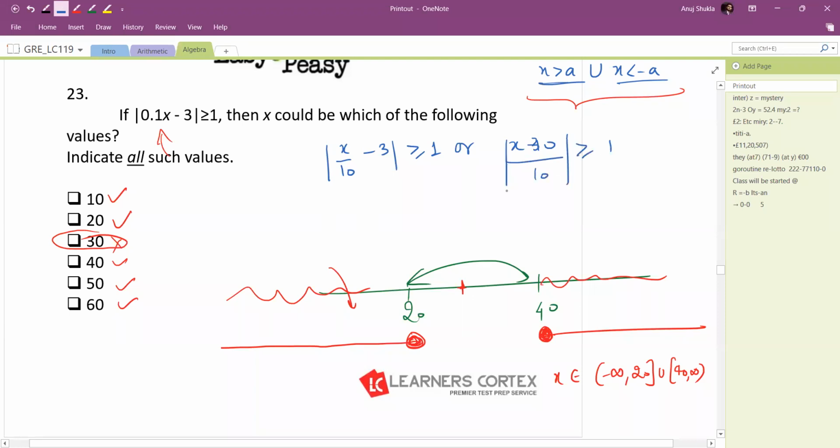Do the whole square. When you do the whole square, it will become x minus 30 whole square is greater than or equal to 100. Or what you can say, x minus 30 is greater than or equal to 100, or x minus 30 greater than or equal to plus minus. No, that will not be good. Again, the conditions will not be matched. Believe it, the mod is fine.